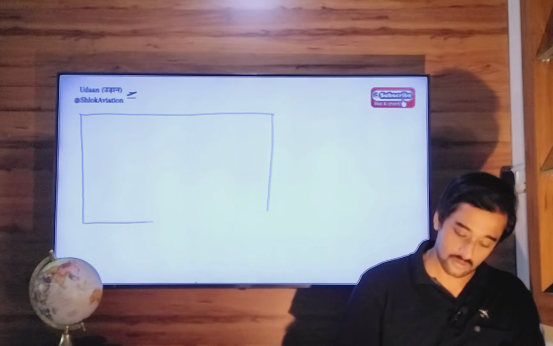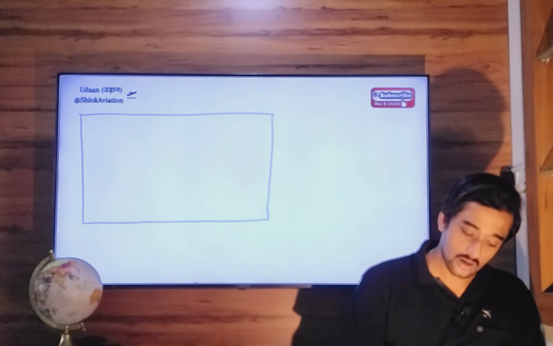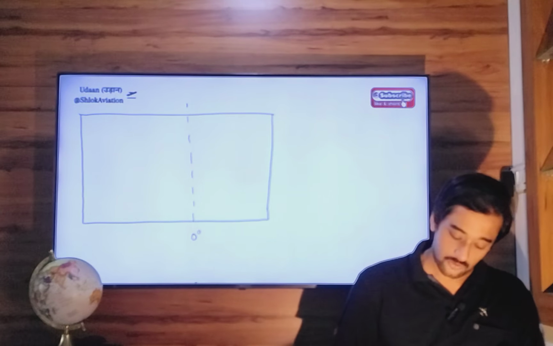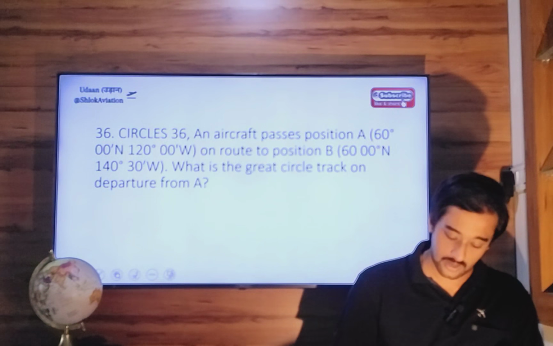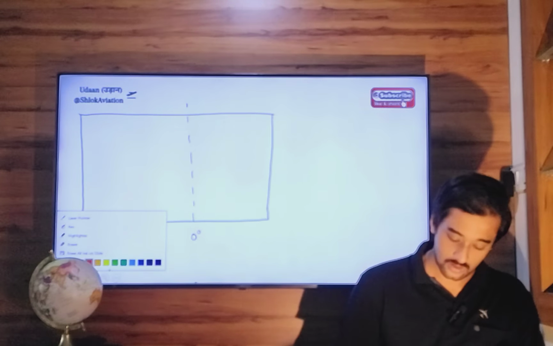this is your Earth. Okay, this is your prime meridian. The first position is 60 north 120 west.